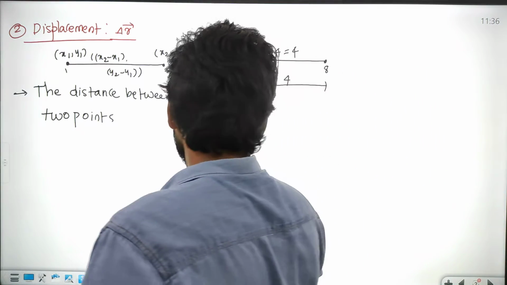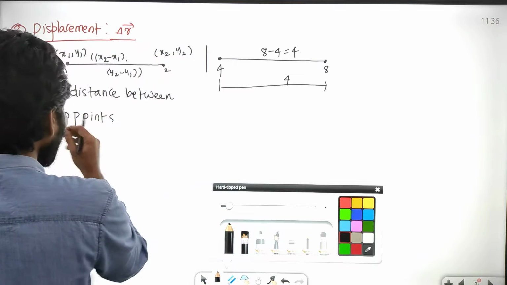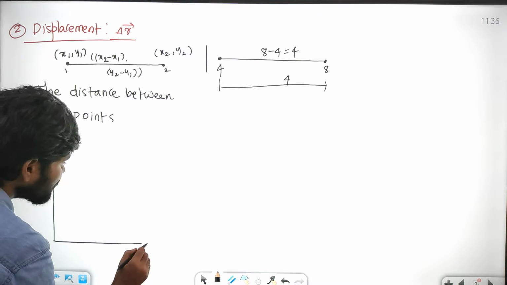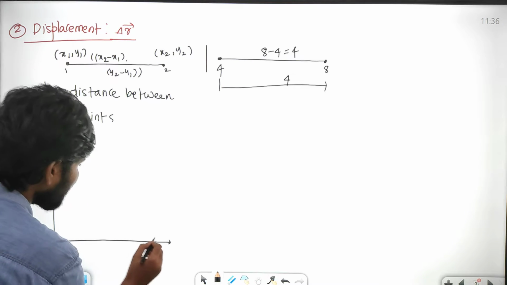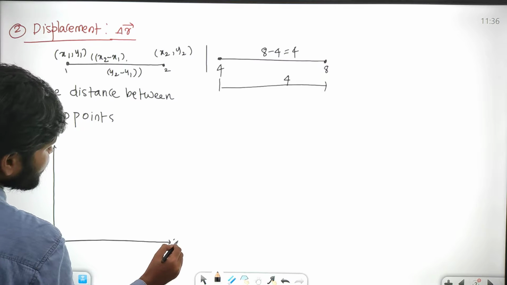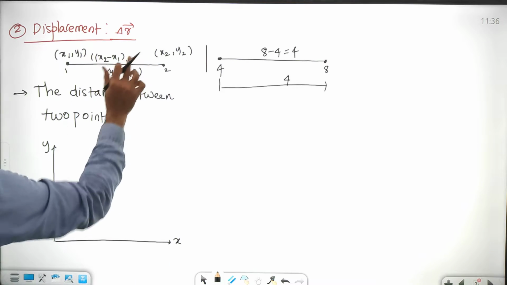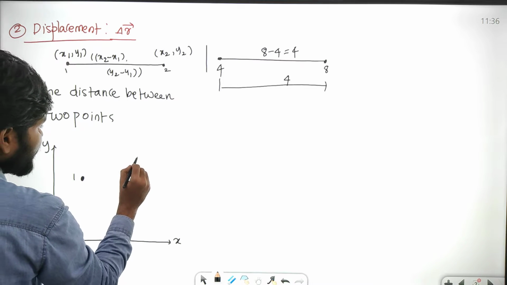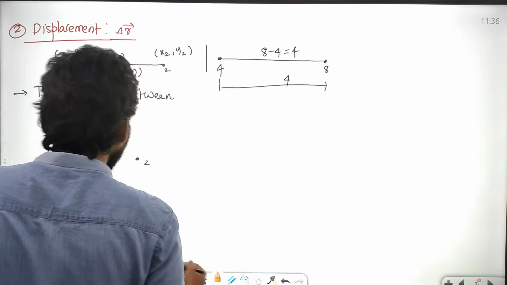So let's write displacement. Now I am taking a graphical representation. I already said the graphical representation is only for understanding purpose. This is x, this is y. So I am taking a point 1 here and a point 2 here.